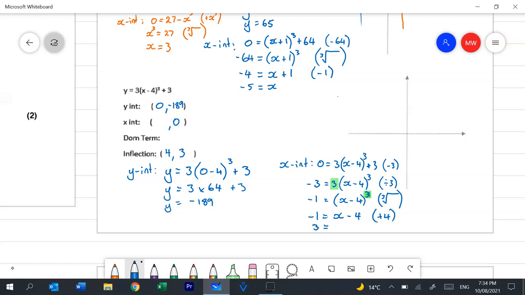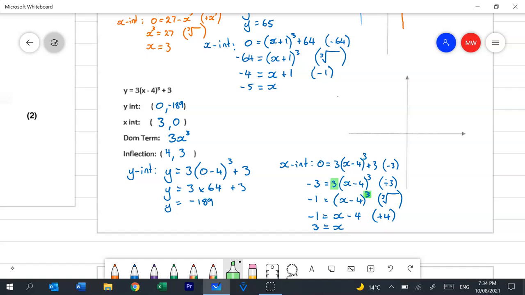So we'll have 3. So a little bit more involved, but still quite achievable. The dominant term this time will be 3x cubed. Okay, so that gets taken from this, because if we expanded this, we'd have to then multiply it by 3, so it'll be 3x cubed.